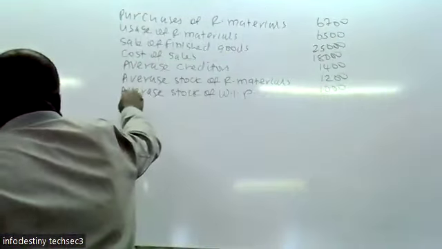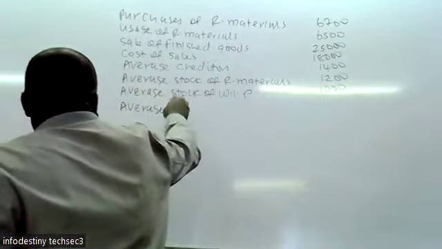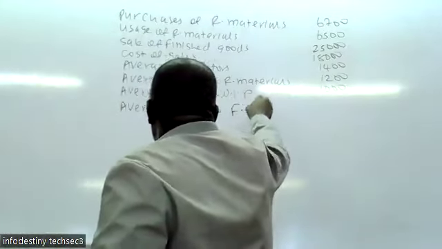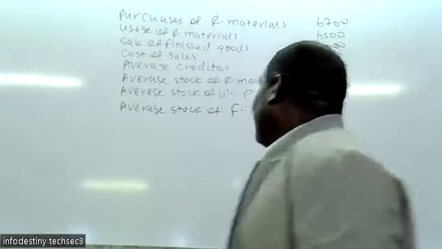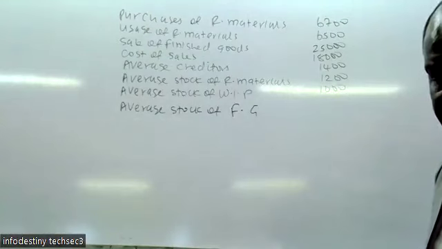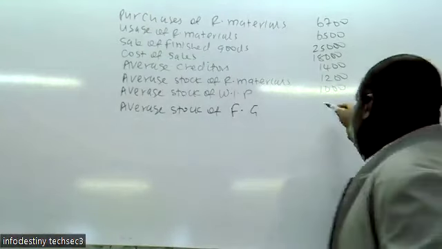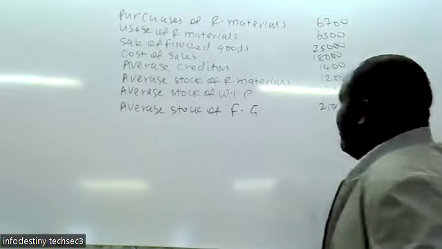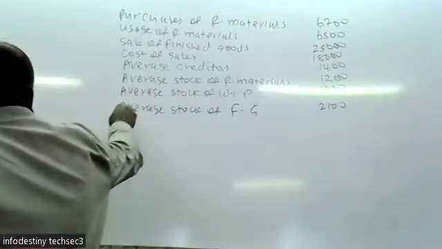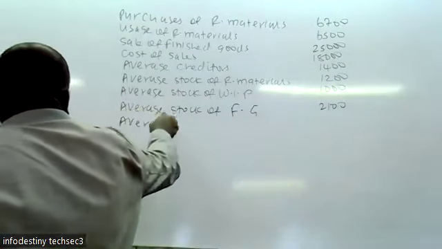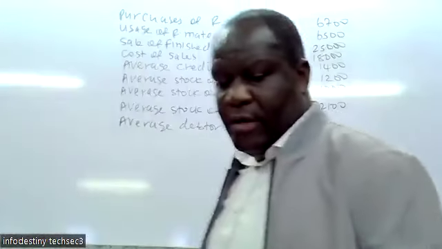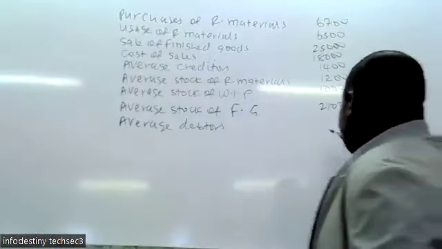Average stock for the finished goods will be 2,100. Then average debtors is 4,700.